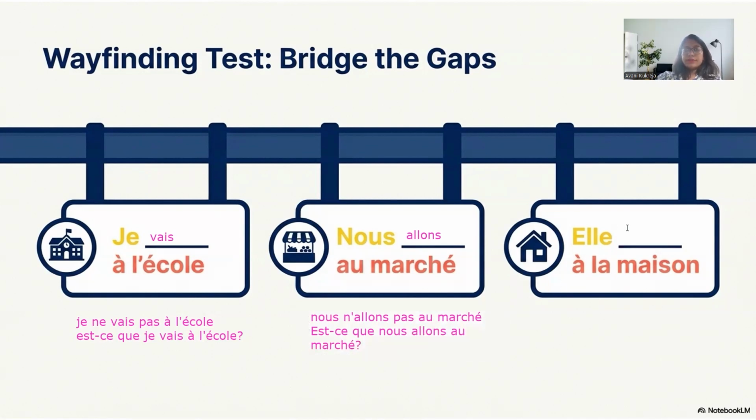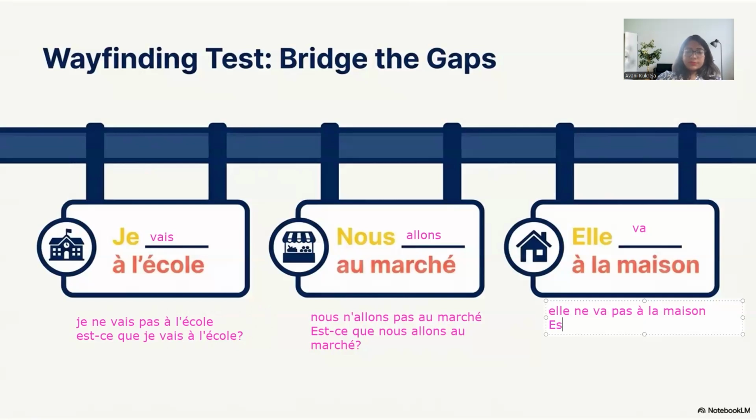Next, elle. Elle va. Elle va à la maison. Negation would be? Elle ne va pas à la maison. And interrogation would be?